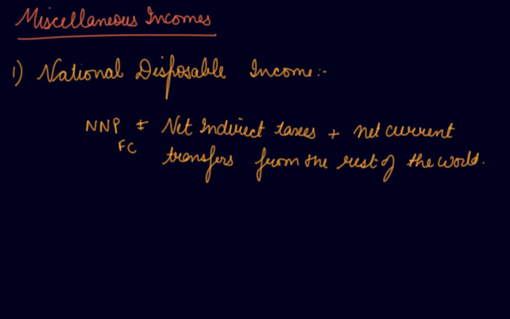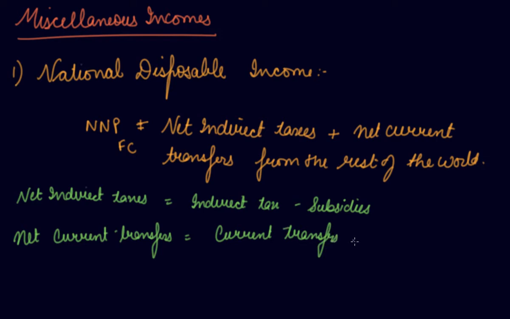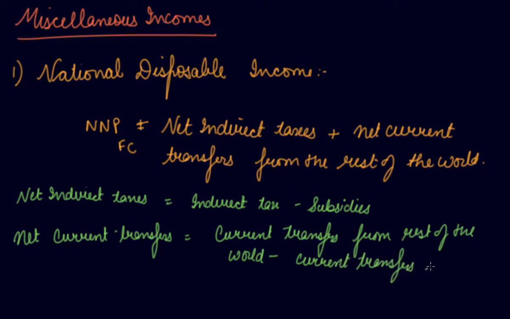Right? Where your net indirect taxes means indirect tax minus subsidies, and your net current transfers means current transfers from the rest of the world minus current transfers paid to the rest of the world.